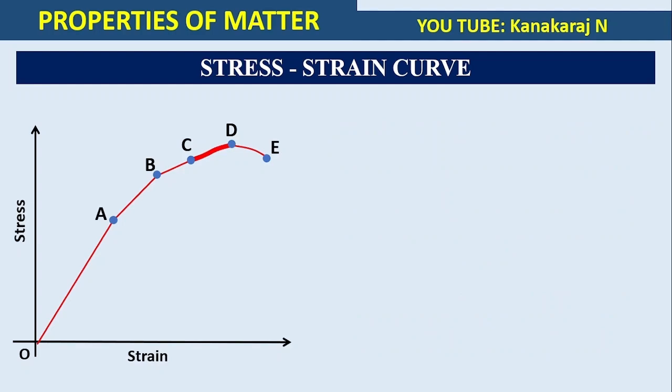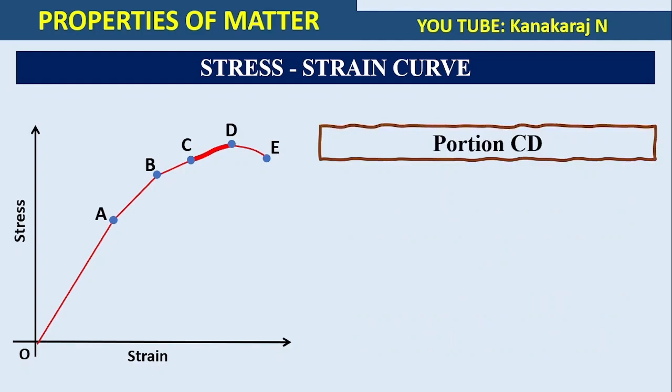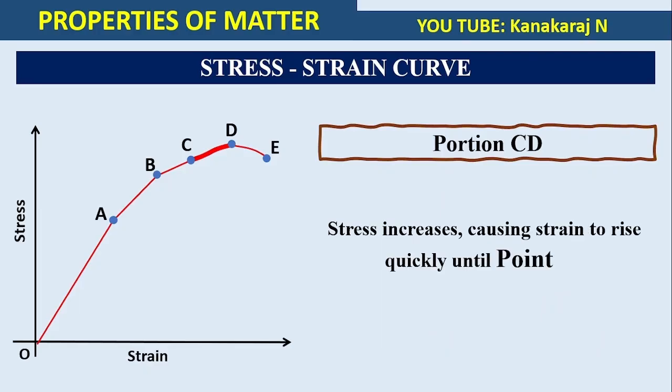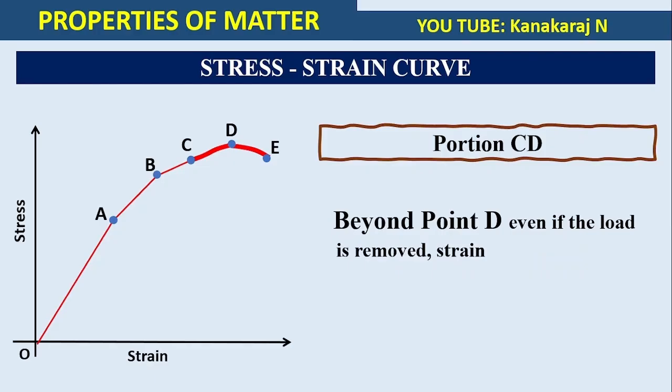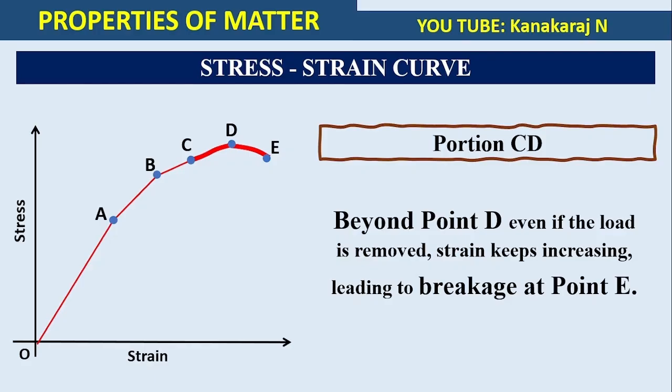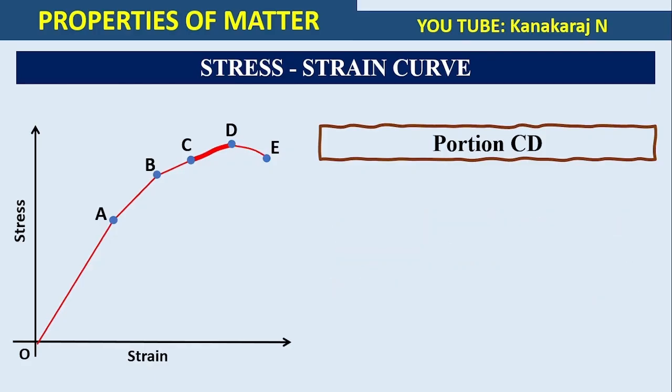Let us go for the next portion CD. Stress increases, causing strain to rise quickly until a point D. For a less stress, we get more strain after C. Beyond the point D, even if the load is removed, strain keeps increasing, leading to breakage at a point E. Point D is called the fracture point.